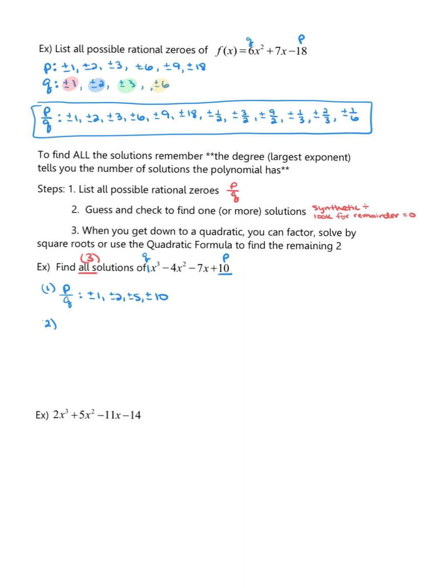All right, so then our second step is to take these numbers and use synthetic division to see if we get a remainder of 0. So if I divide by positive 1, so these numbers are coming from my polynomial, use synthetic division.